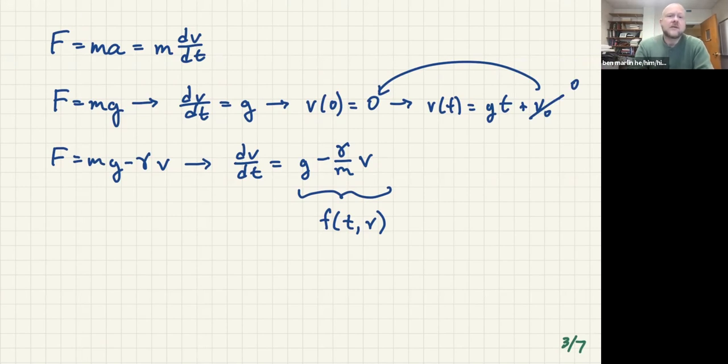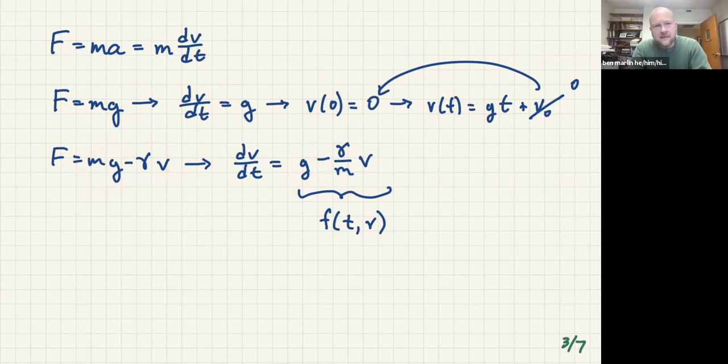Realistically, though, that's not what you've got. Realistically, you have your acceleration due to gravity, but you also have to think about your force being, I said, mass times gravity, but then having that velocity be opposed by air resistance.